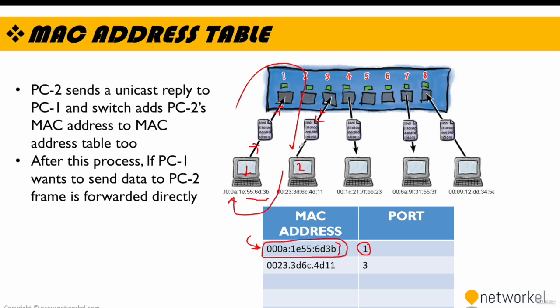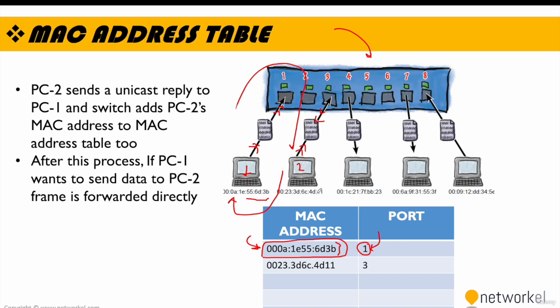So when PC2 wants to send back a reply to PC1, the switch will know this MAC address belongs to port 1. Okay, I will forward it out of port 1 only, and I will do one more thing.